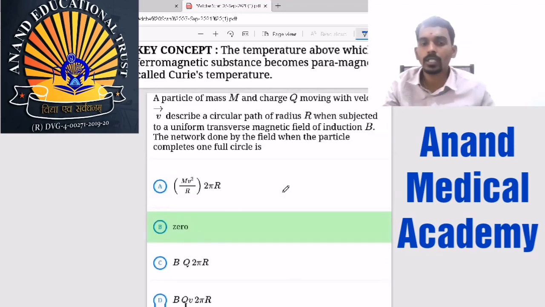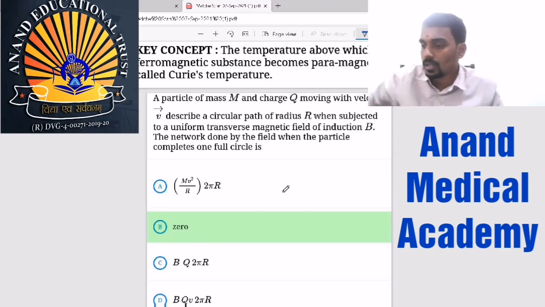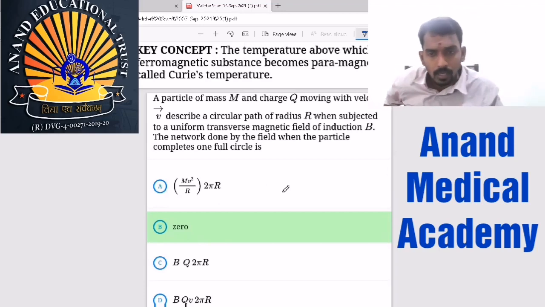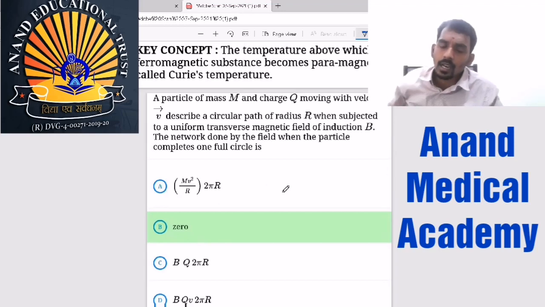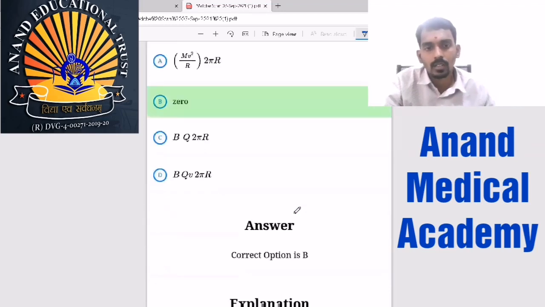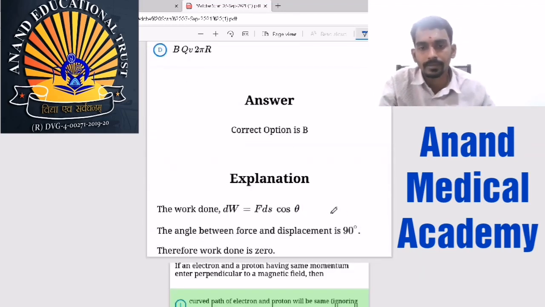Now this is motion of a charged particle in the presence of an external magnetic field, like cyclotron-based questions. When it moves in a circular path, what is the radius, what is the time period, what is the kinetic energy, what is the path when it is moving at an angle theta. So those questions also will come, just try to understand.